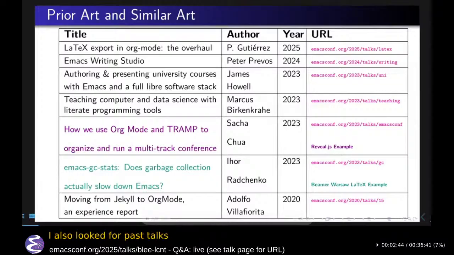I also looked for past talks which have used Reveal.js and LaTeX Beamer. For example, Sasha's use of Reveal.js is shown in violet ink, and Ihor's use of Beamer is in teal ink. This presentation is about a combination of Reveal.js and LaTeX Beamer.